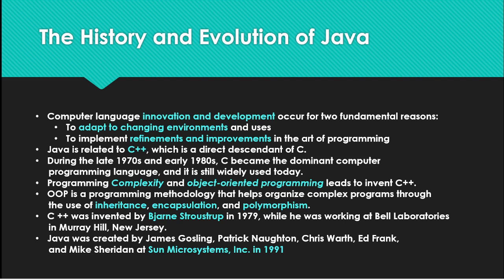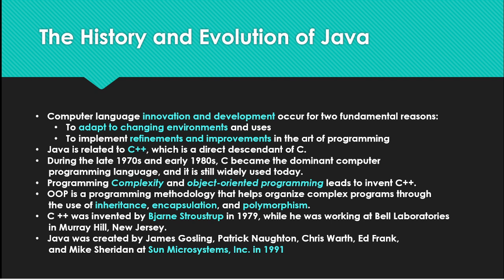C++ was invented by Bjarne Stroustrup in 1979 while he was working at Bell Laboratories in Murray Hill, New Jersey.